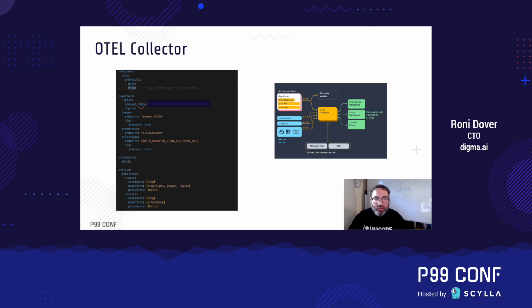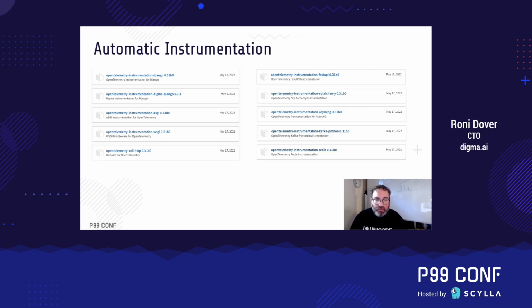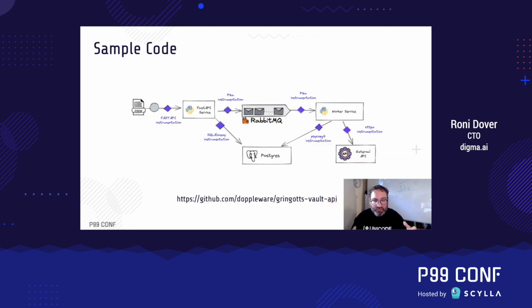The other thing I want to mention is just how easy it was to get so much data out of this app. What you see here are just the out-of-the-box packages found in PyPI for this project I was using. To look at it from a more schematic perspective, this is the architecture of the Vault API that I created, with Postgres, some RabbitMQ, and some other components.